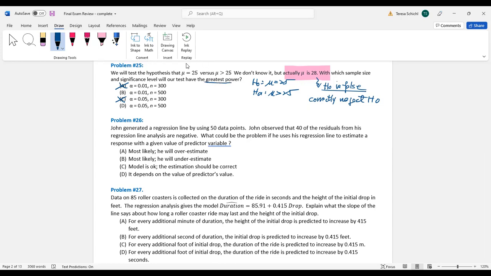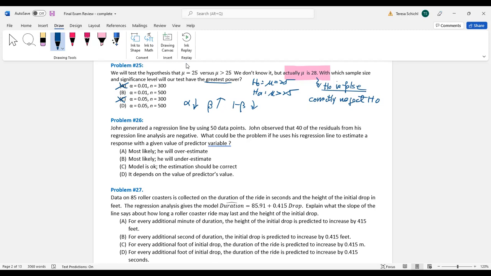Remember what we talked about: when the alpha value is smaller, the beta value gets bigger. If beta gets bigger, then 1 minus beta, which is the power, gets smaller.